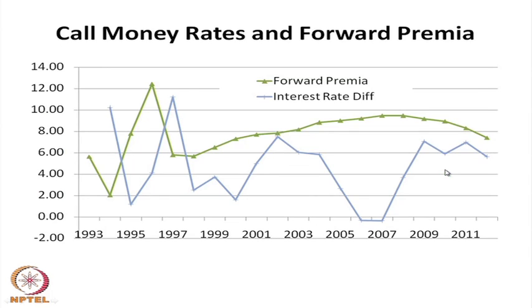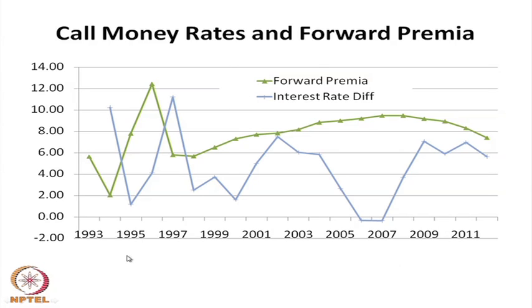Similarly, if you see the call money rate, forward premium and interest rate differential, here I mention the interest rate differential between the call money rate and the Fed fund rate, that is, Fed fund is the US money market interest rate. The difference, call money minus the Fed fund rate, I put in one term called the interest rate differential between India and US, and here the forward rate between INR and US dollar.